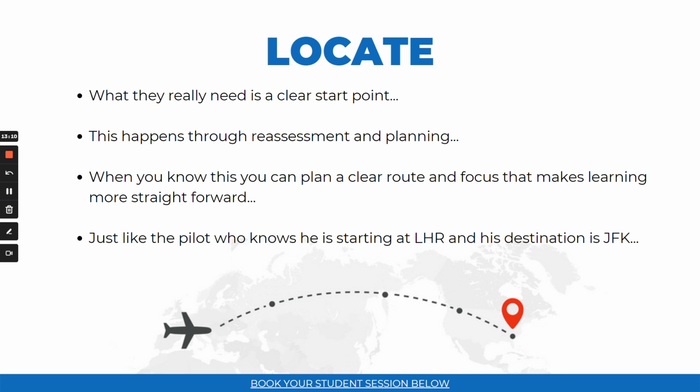Developing that game plan, that strategy, that habit, that environment that will help you or your child score those A's on the ACT or SAT math, right? Just like the pilot who knows he is starting at London Heathrow Airport and his destination is JFK.